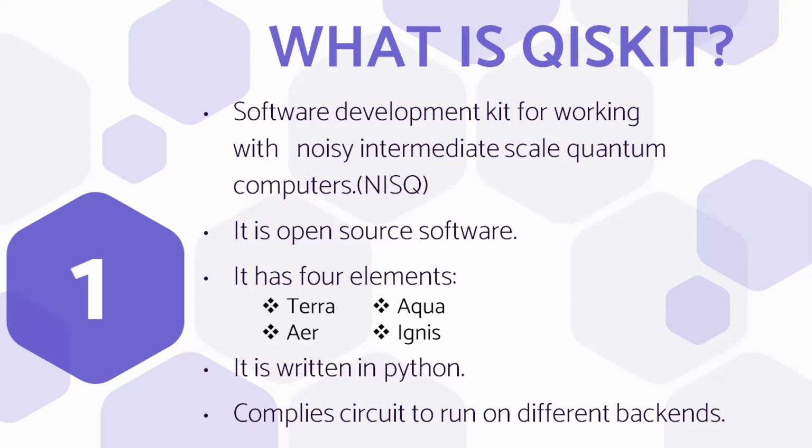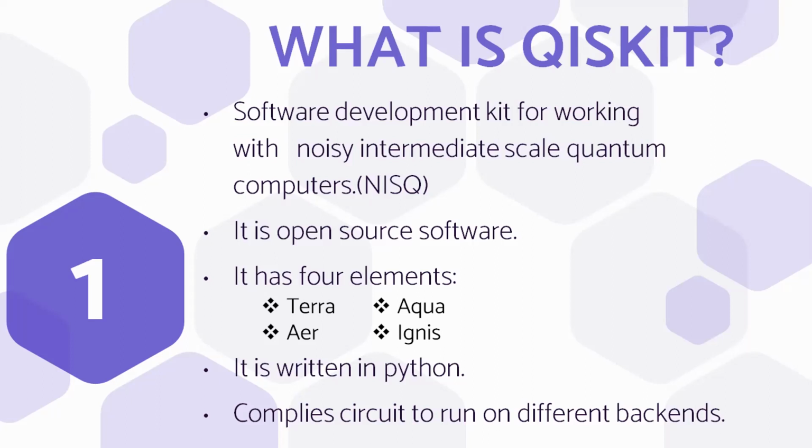The third one is Aqua, and it is known as the water element, and it helps us to build algorithms for quantum computers. These algorithms can be used to build applications in fields like chemistry, optimization, finance, and AI.